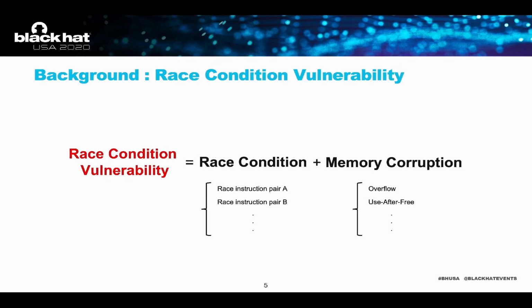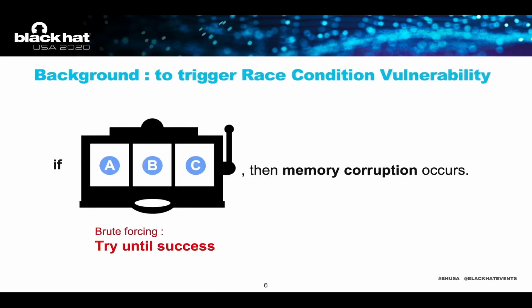At this time, the race condition consists of two or more pairs of race instructions. When it comes to the vulnerabilities, they do not occur when the involved race instructions are merely executed, but only when they are executed in a specific order.